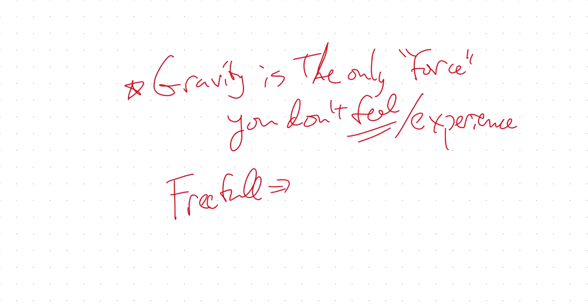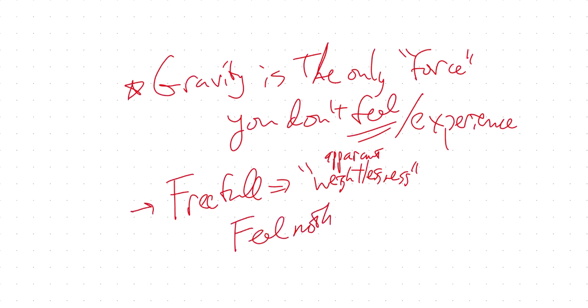In fact, free fall is called weightlessness. I know this comes from the concept of normal force being called weight. I would call it apparent weightlessness, just like apparent weight, and most other physicists call it that. Free fall would be apparent weightlessness. You feel nothing. This is why astronauts appear to float, because they're in free fall.